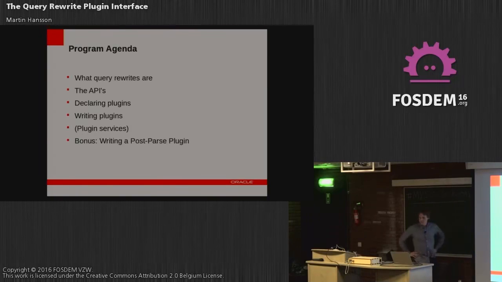First, I'll tell you about the philosophy behind the query rewrite APIs. When we started out, we thought, how do we do this with query rewrites? We want it to be as simple as possible for the user, because inside the server there are so many rewrites going on anyway.